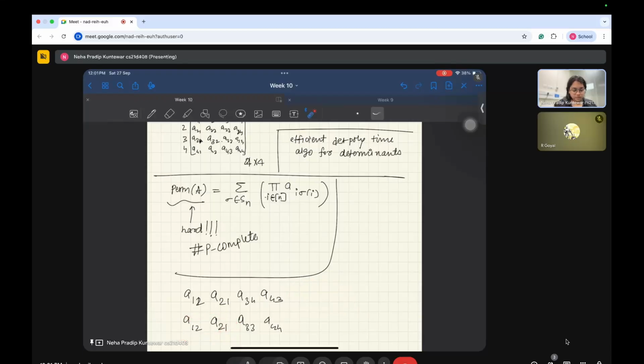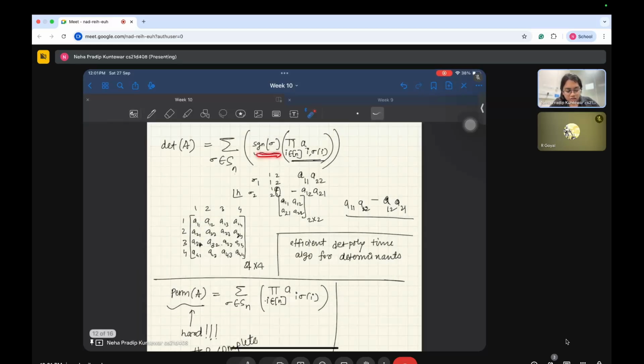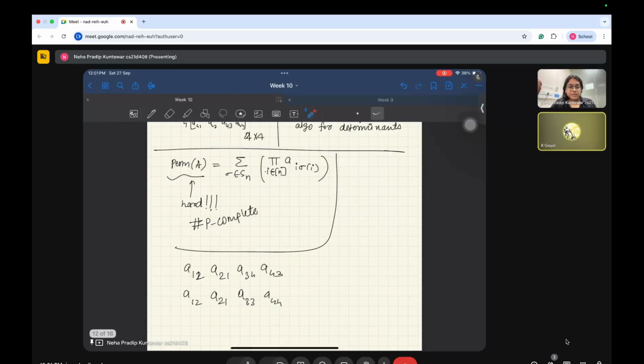Just keep this part separate and calculate the rest of the product separately, and then I'm just going to have to subtract these two. So the fact that sigma has this nice property, that if you make one swap the signs are going to change, I understood this thing.